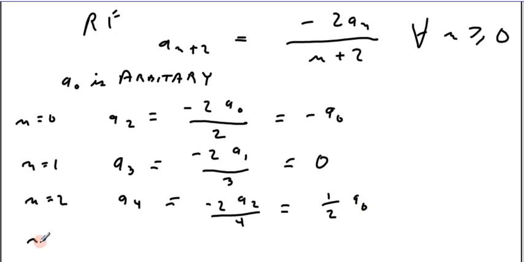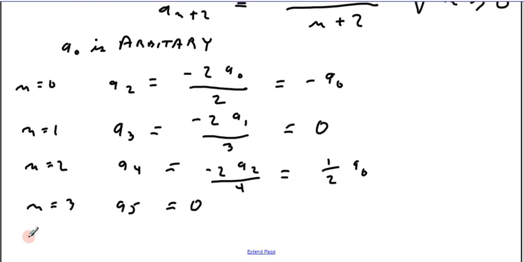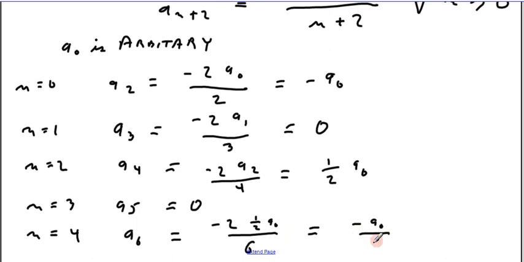Okay, and then at n is equal to 3, I have a5, which is going to be 0. And then at n is equal to 4, I'm going to have a6, which is going to be minus 2a4, which is 1/2 a0, divided by 6, and we're going to call it minus a0 over 3 factorial.